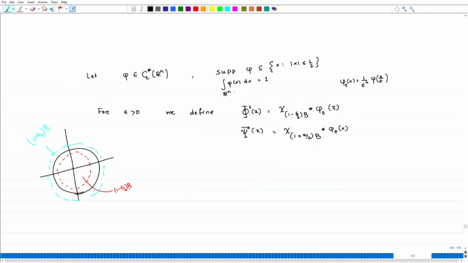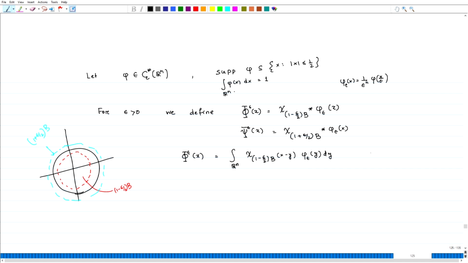It is a smaller ball, and psi epsilon we define to be the indicator function of the ball centered at 0 with radius slightly bigger than 1, convolved with the function phi epsilon. So it is easy to see, let us see how it looks. This is going to be the integral over R^n of chi of the ball of radius (1 minus epsilon) by 2 at x minus y, times phi epsilon of y dy.